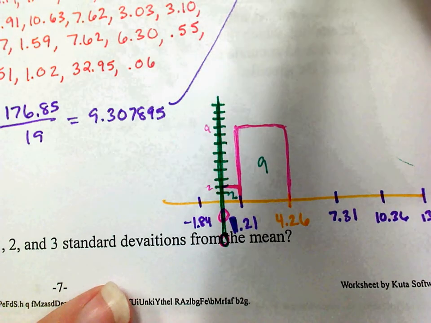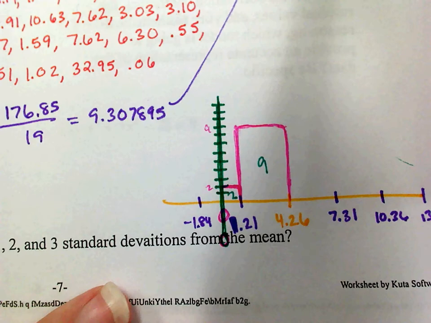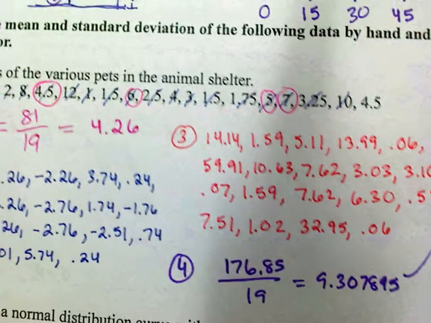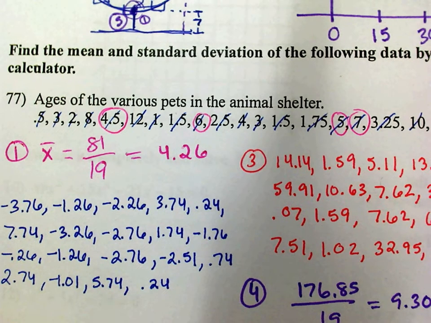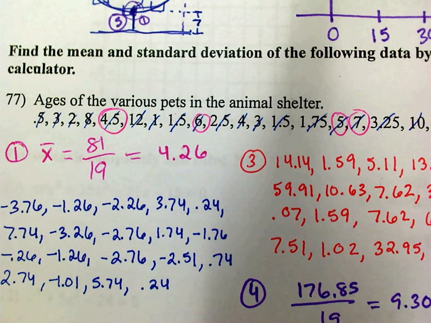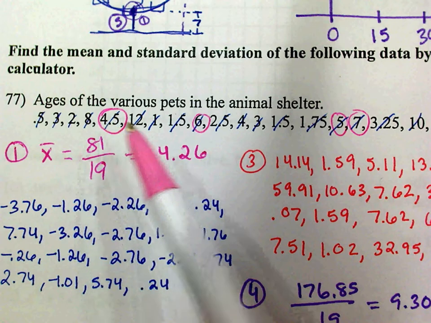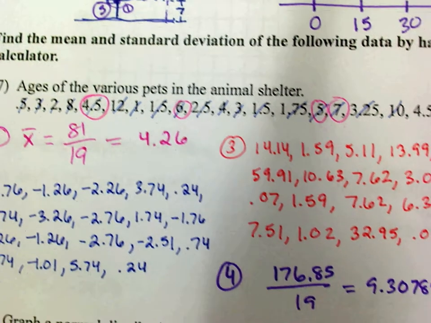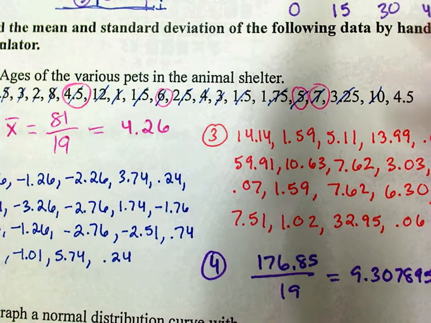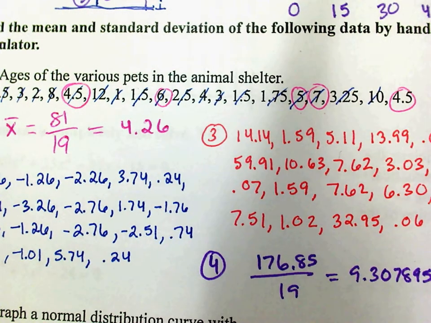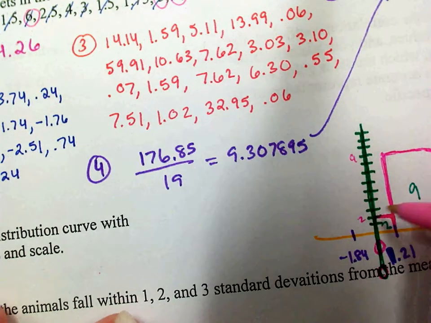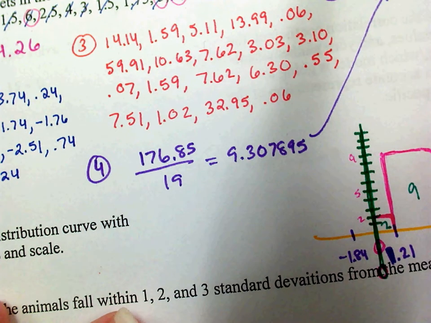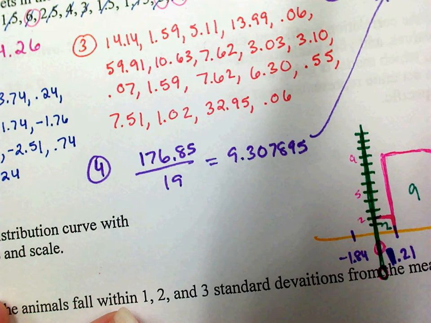Oh, and 5. Numbers between 4.26 and 7.31. So 4.5, 6, 5, and 7. So 4. Oh, 4.5 down the end. 5. Geez, I'm not good at this. 3, 4, 5. Perfect.